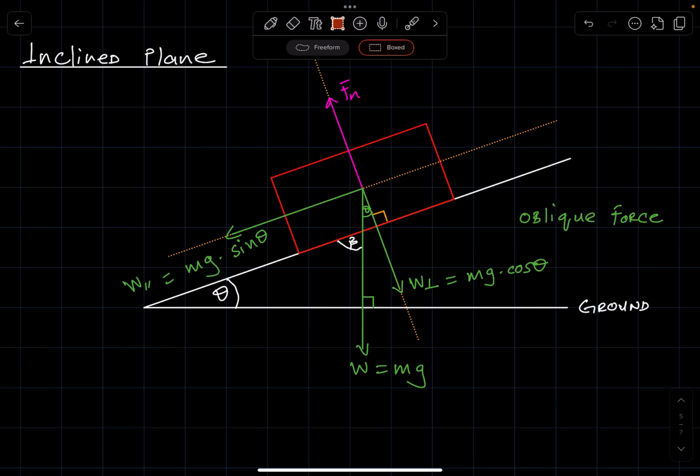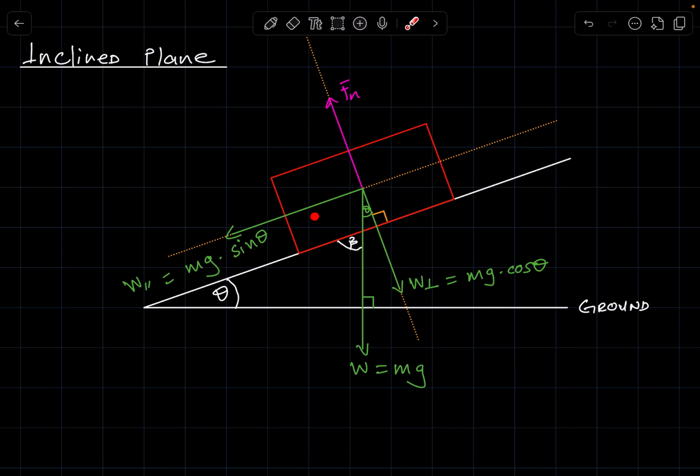So before even applying a force to move this object, say up the incline, these are the forces that this object is subjected to. It is subjected to the normal force, the weight component perpendicular to the plane, and the weight component parallel with the plane, which is this one.